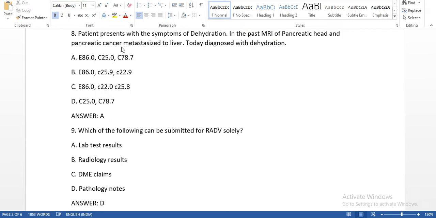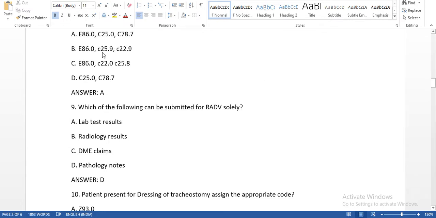As the primary is pancreatic cancer, the secondary is liver. Metastasized to liver means it has spread from the pancreas to the liver. So we code liver cancer as the secondary code, pancreatic cancer as the primary code. Based on all this discussion, our answer is A here: dehydration, pancreatic cancer and secondary liver cancer.